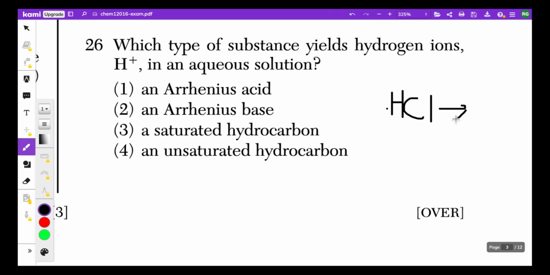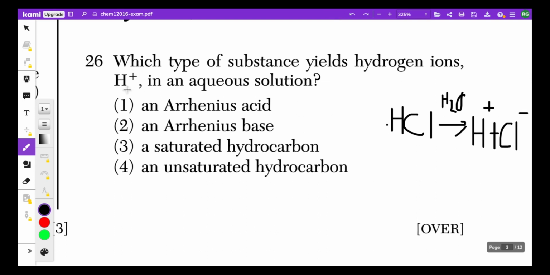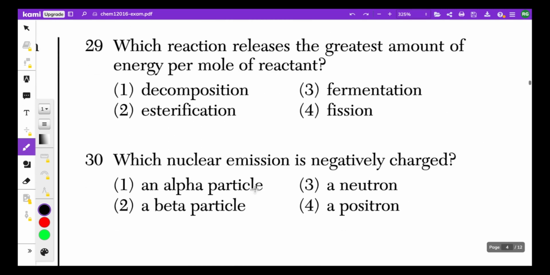If you dissolve this in water, what happens is it actually produces H plus ions and it produces Cl minus ions. Now, something is considered an Arrhenius acid if it produces H plus ions when you dissolve it in water. Therefore, number one's our answer because it yields H plus ions when you dissolve it in water.